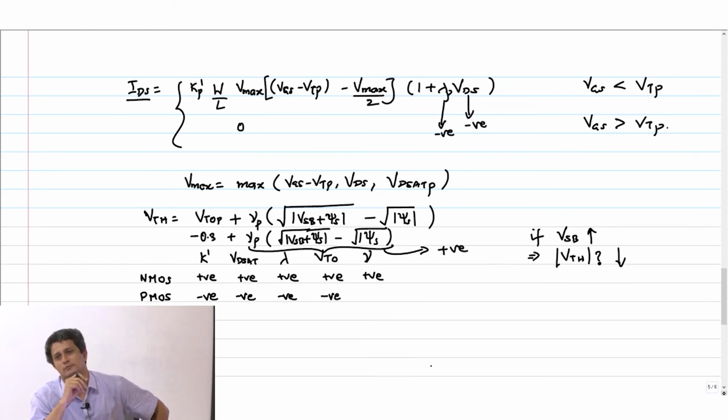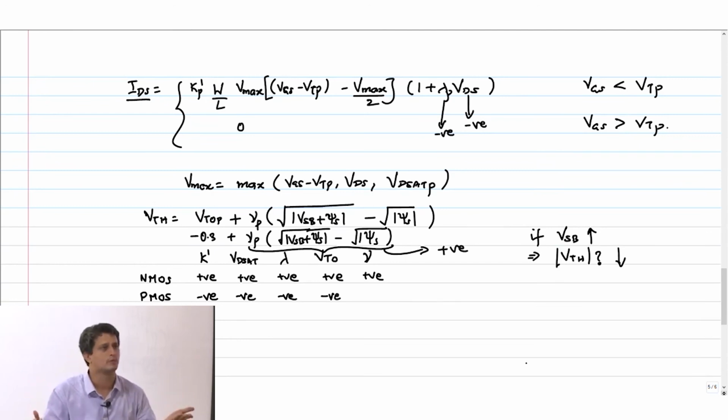That is the catch here, right? It may appear, for example, that if VSB goes up, root of mod of VSB plus psi s also goes up. That's not true, because psi s itself is a negative value.